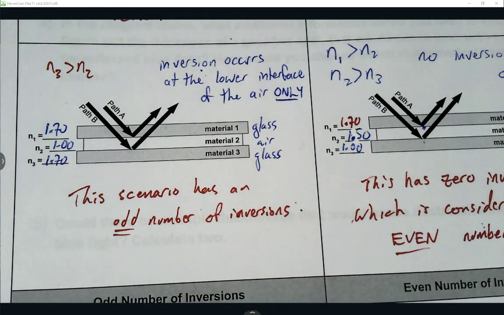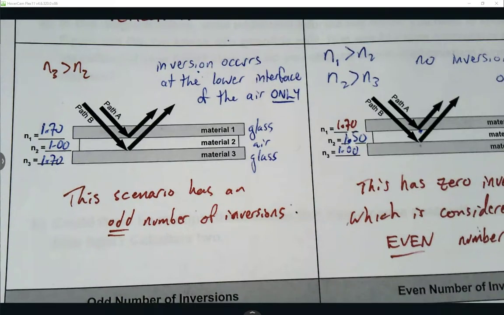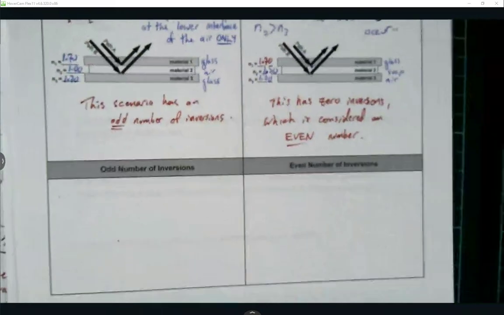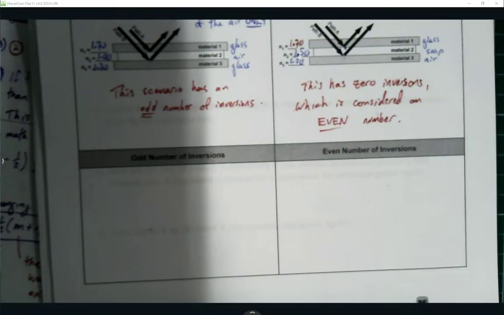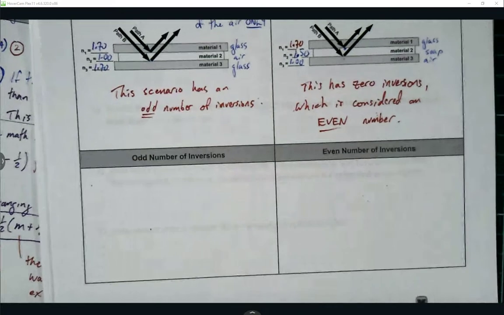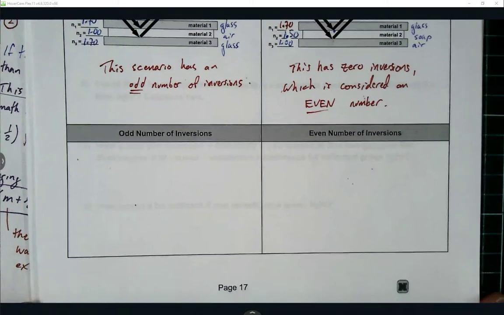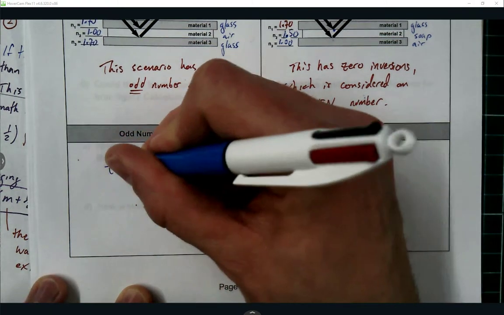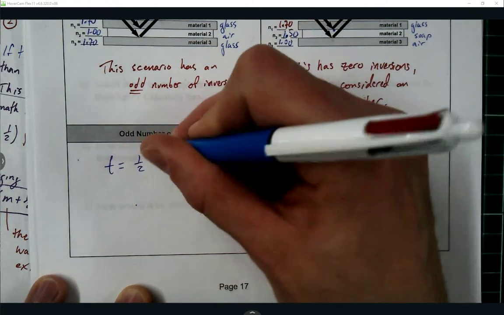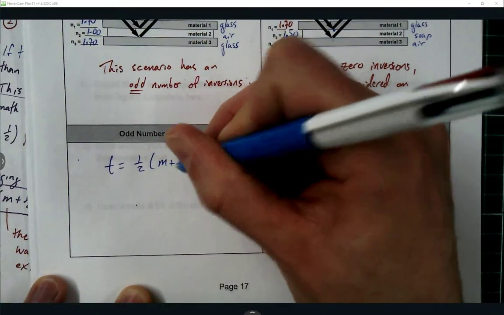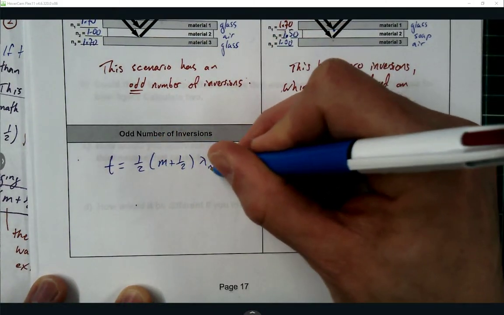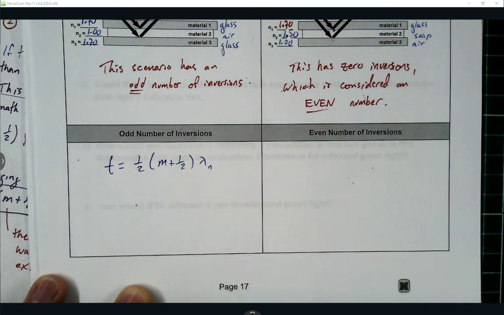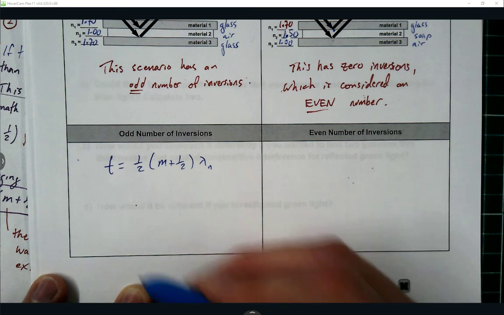So here's what I want to propose: earlier we had 2 equations, one for constructive interference and one for destructive interference. If there's an odd number of inversions, I claim that t is equal to (m plus 1/2) times lambda sub n over... where lambda sub n is the wavelength of light in the actual film material, the sandwiched material.